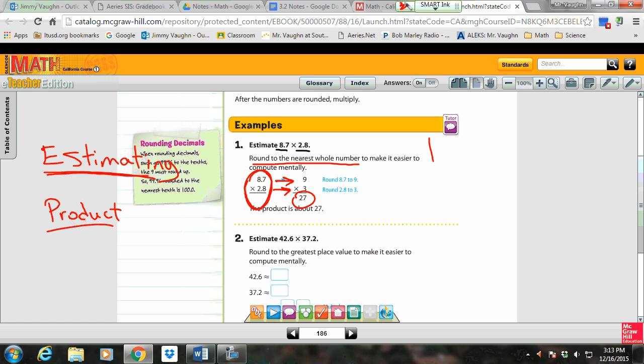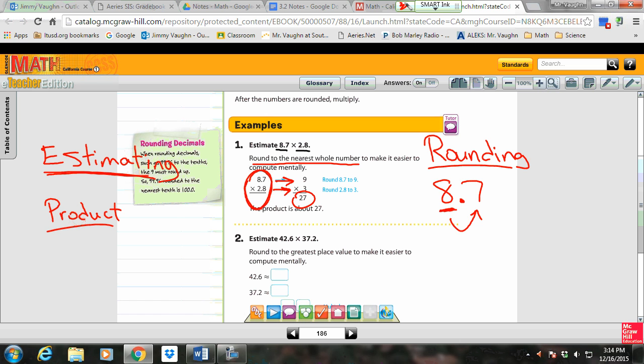Quick review on rounding, especially rounding to a whole number. 8.7, when they say round to the nearest whole number, they're talking about the number to the left of the decimal. Just like the old pizza example, right here we have 8 whole pizzas, and then we have 7/10 of another pizza. So you identify where you're rounding off to, which is the ones place.